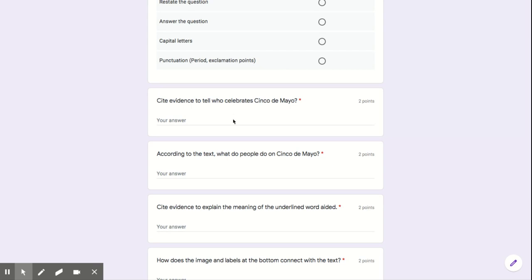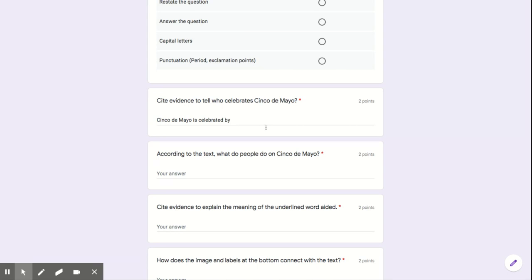So I'm going to include that in my restating. Now I chose to restate by saying Cinco de Mayo is celebrated by, and then I'm going to tell who it's celebrated by from the evidence in the text. Now, if you notice, I took the words from the question. All I had to do was change the order around a little bit in order to make sure my sentence made sense.